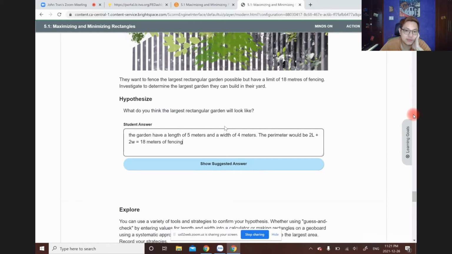The largest rectangle will look like 5 by 4, so it's going to be 20 square meters.